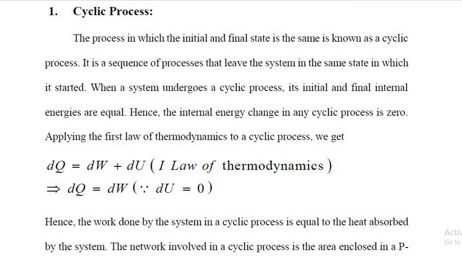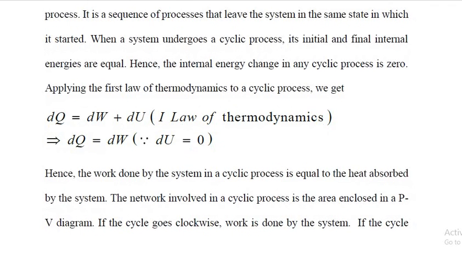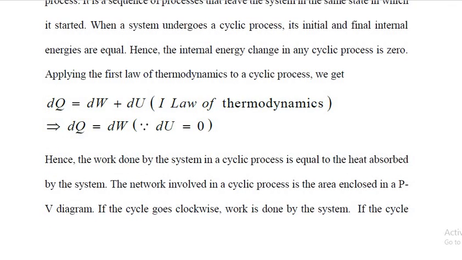Hence, the work done by the system in a cyclic process is equal to the heat absorbed by the system. Okay, as this equation implies, the work done in a cyclic process is equal to the heat absorbed. Q is nothing but heat absorbed by the system.